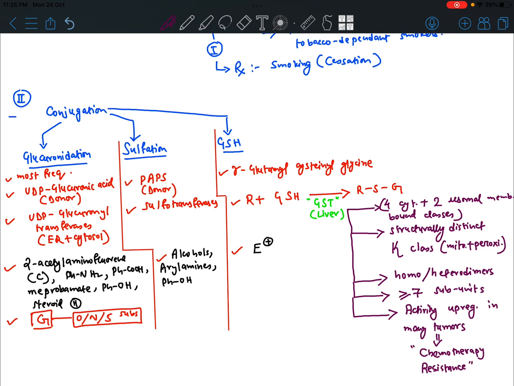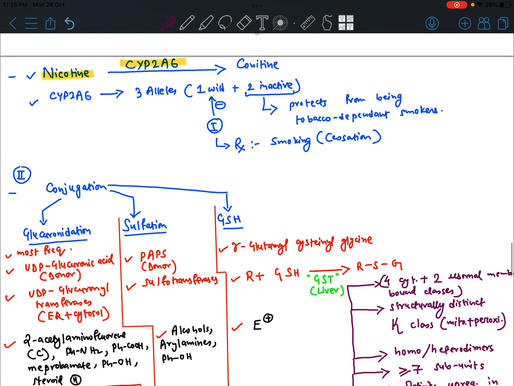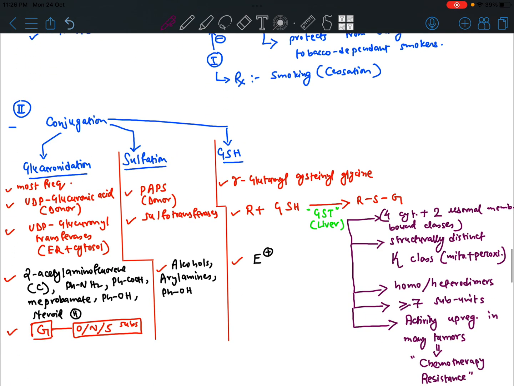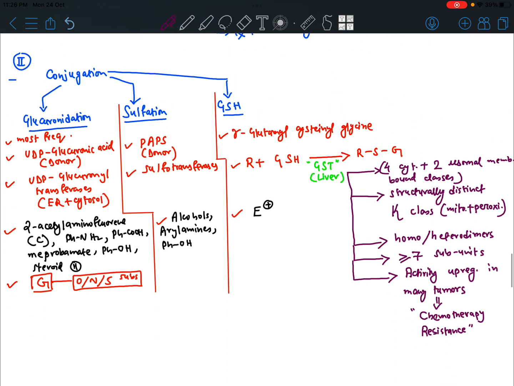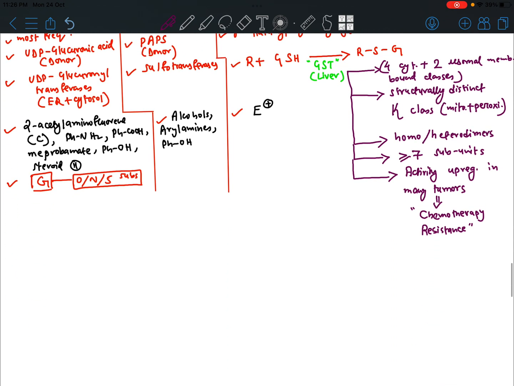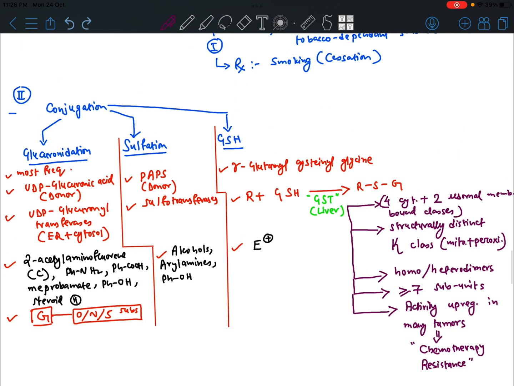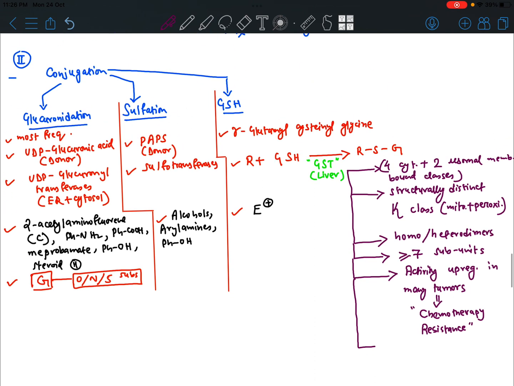Now this GST binds not only xenobiotics, they also bind with bilirubin, steroid hormones, carcinogens like ligands and substrates. So they also bind with ligandins.